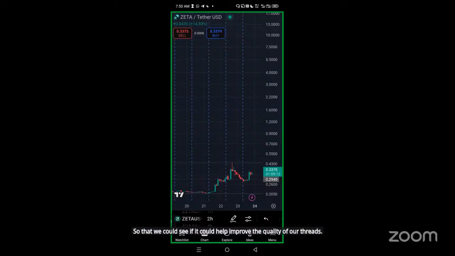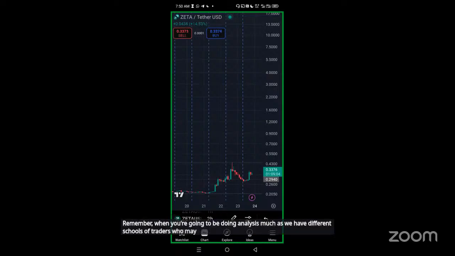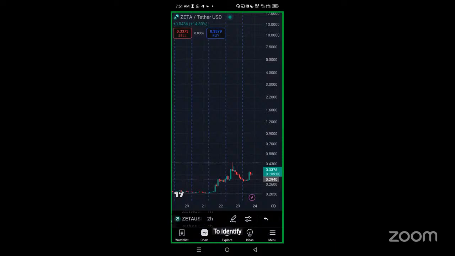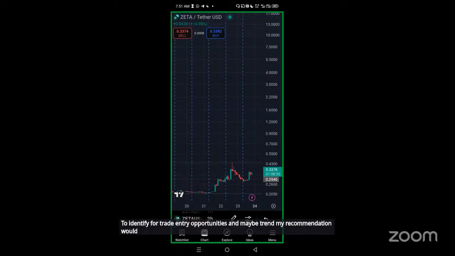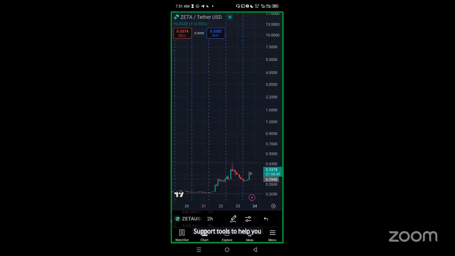Remember, when you're doing analysis, we have different schools of traders who may rely on a particular kind of support tool to identify trade entry opportunities. My recommendation would be to always, as much as possible, have about 3 support tools to help you aid your trading skill. Try to incorporate some 3.